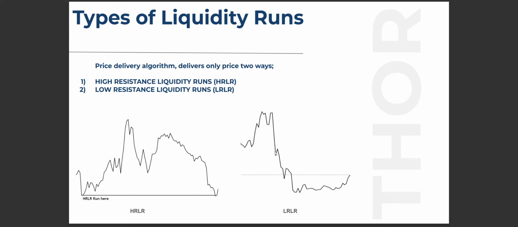But if you see price violating the old lows and retracing way too much back into the range, that means the conditions are low first of all, and secondly, it might run the buys here in the form of a high resistance liquidity run.